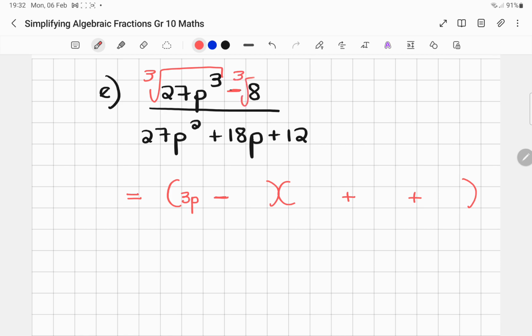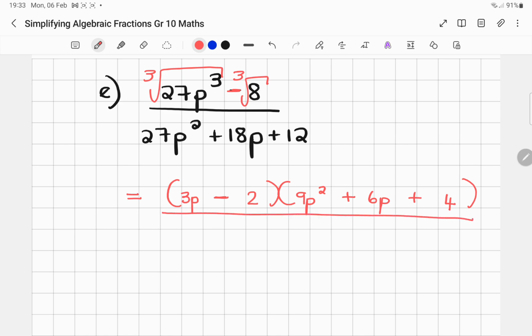And the cube root of 8 gives you 2. Then you take 3p and you square it, which will give you 9p squared. You take the 2 and you square it. And for the middle term, you multiply those 2, which will give you 6p. So I just want to make sure, 3p, yes, okay, all over.